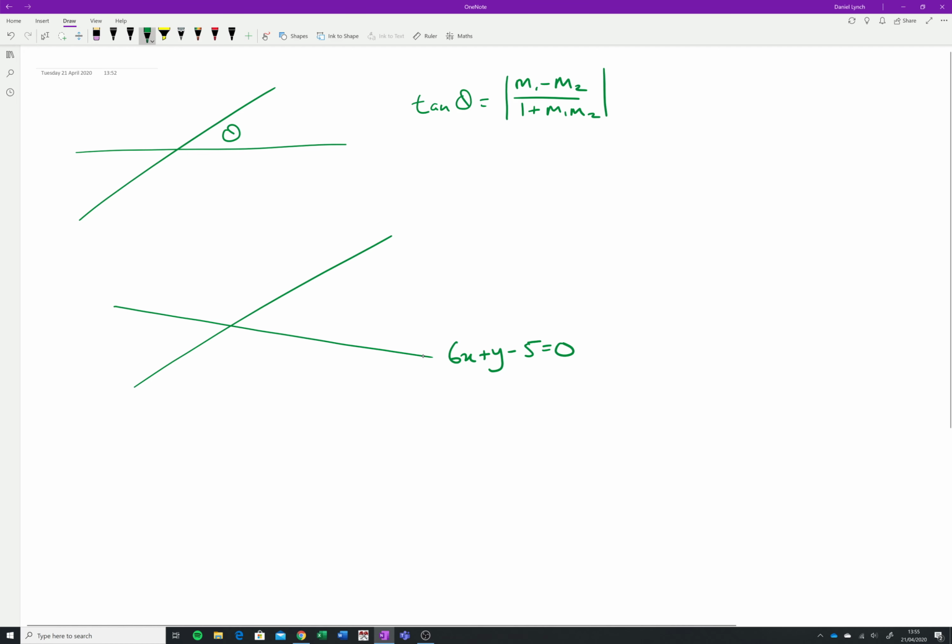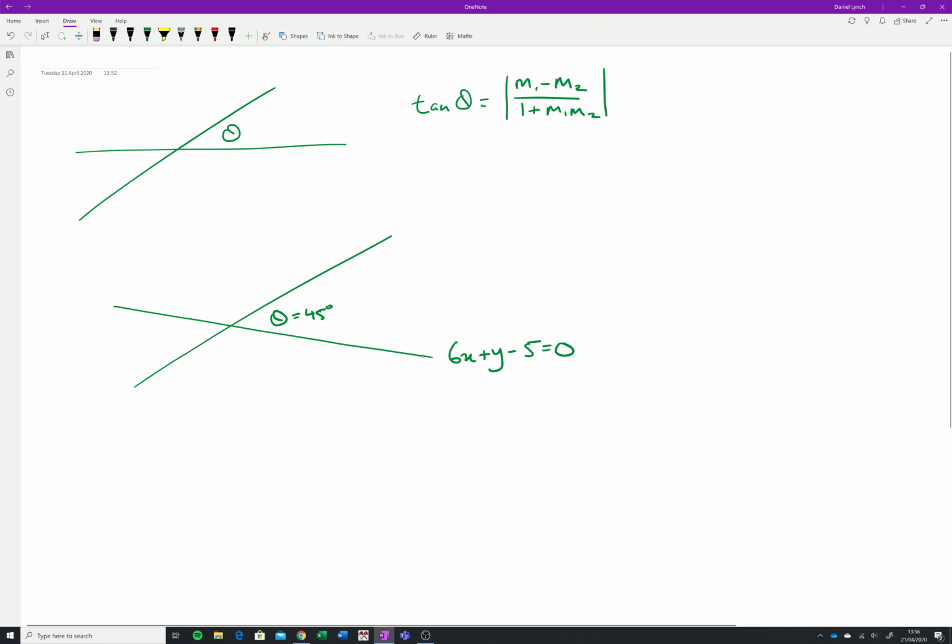We don't know if it actually goes in that direction, but there's a line there, so you could orientate it like that. And there's another line which we don't know very much about, but the angle here, what we're told is that the angle is 45 degrees. We could work out what the other angle is very easily, but we won't bother because it's not all that useful.